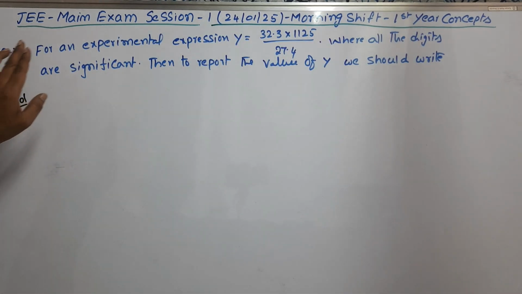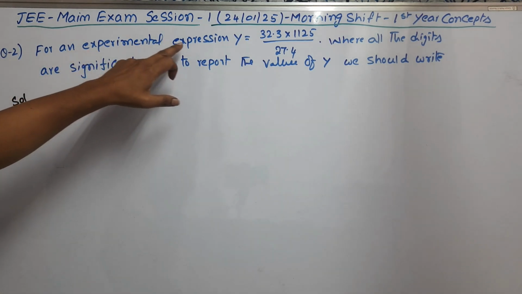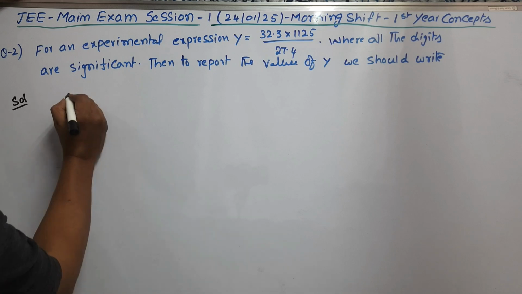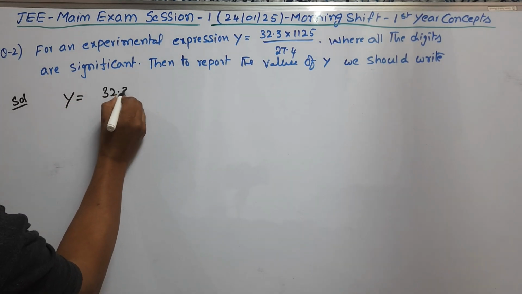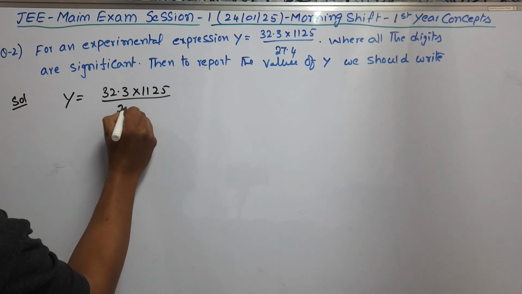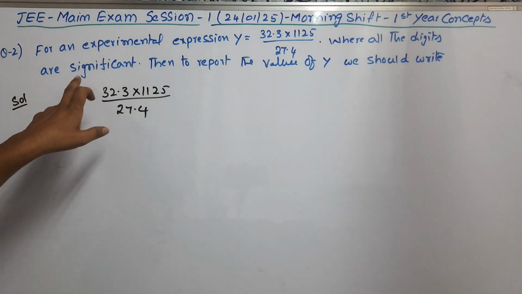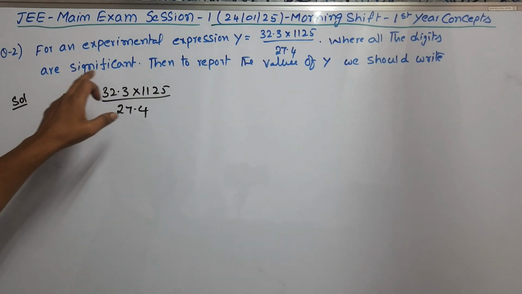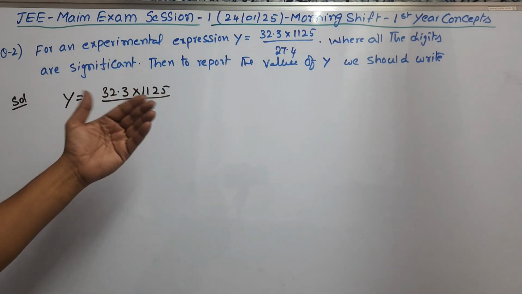Okay, the second question was asked based on significant digits. For an experimental expression, Y is equal to 32.3 into 1125 by 27.4, where all the digits are significant, how should we report the value of Y?